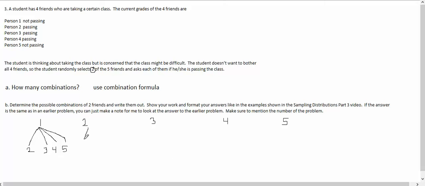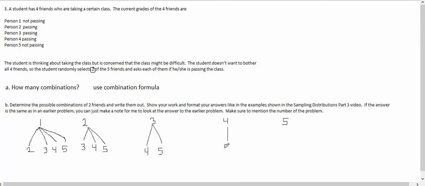So after 2, you have 3, 4, and 5. After 3, you have 4 and 5. And after 4, it's 5.